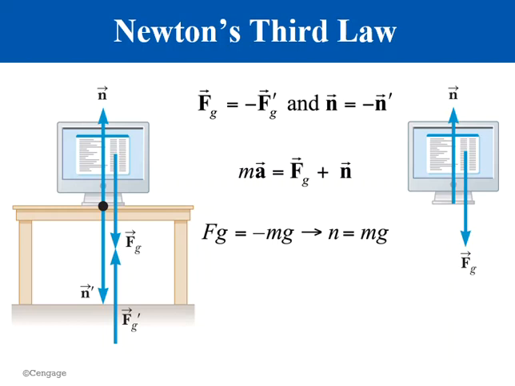In that case, you could see that the magnitudes of the action and reaction forces always come in pairs, because the monitor is not accelerating in any direction. The second law gives us the relationship that these are of equal magnitude. So that's another thing in terms of the third law.